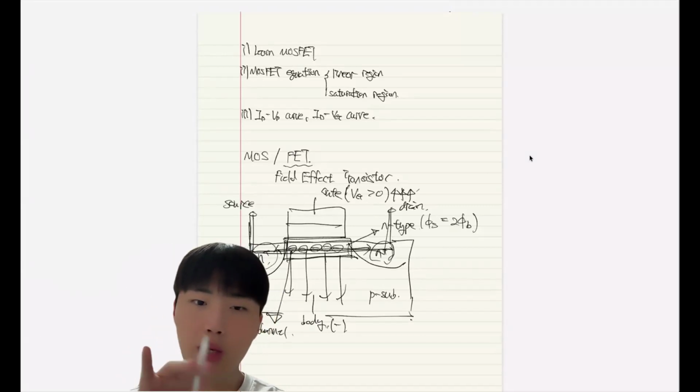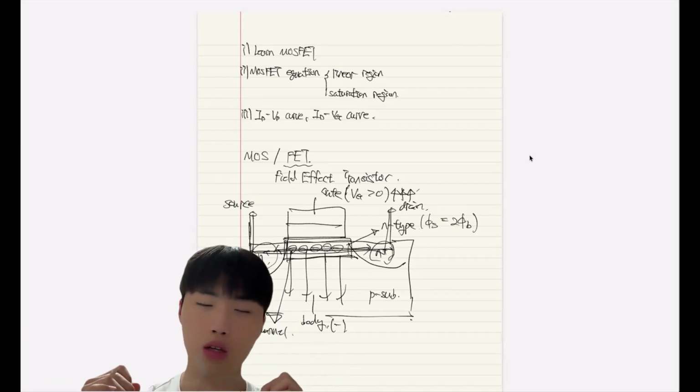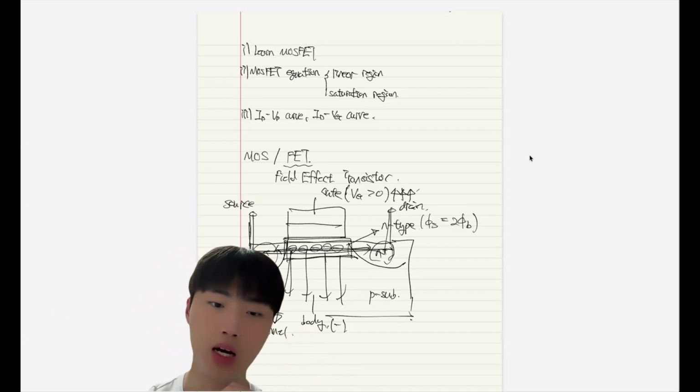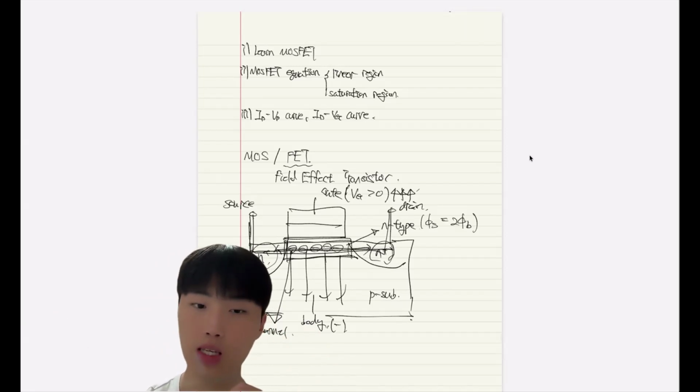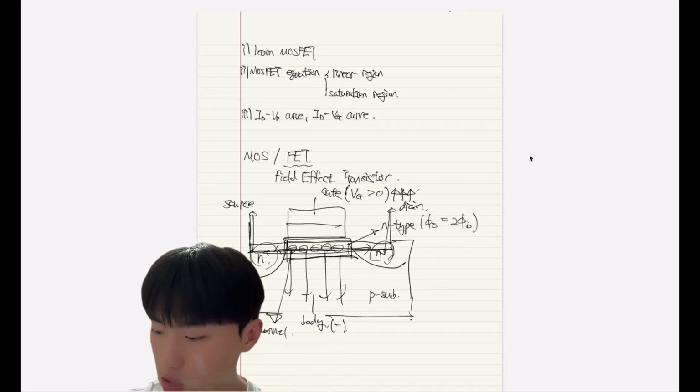And when we use P plus polysilicon on the source and drain, the channel will be made by holes, and we say that the channel is a P channel. Let's say this part is P plus, and these are the source.